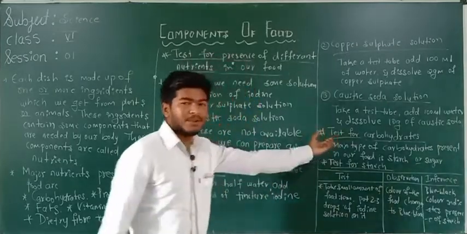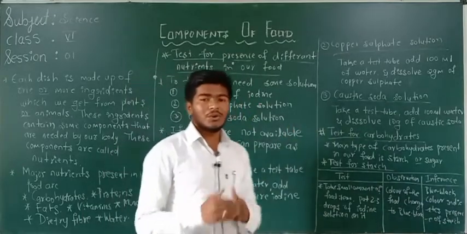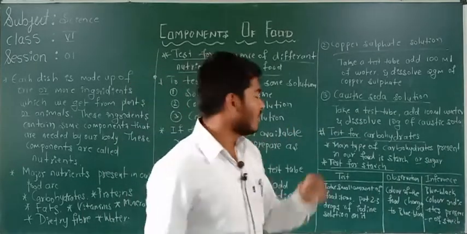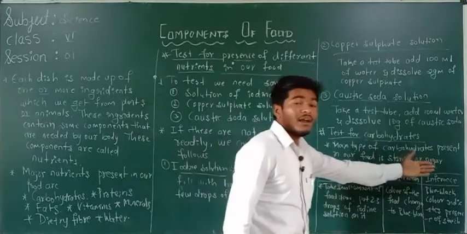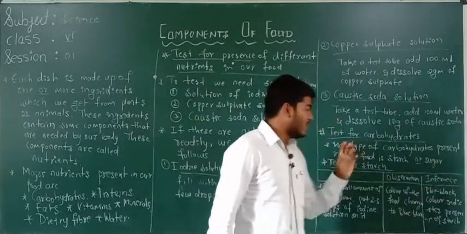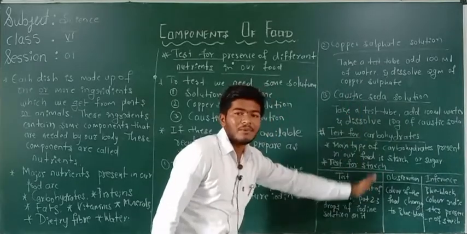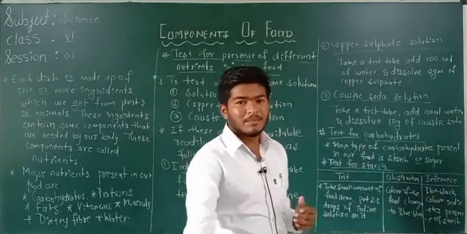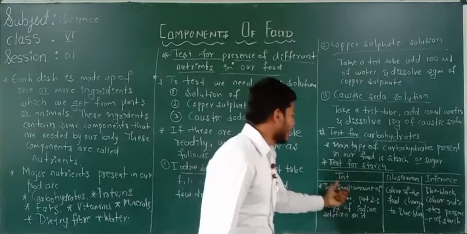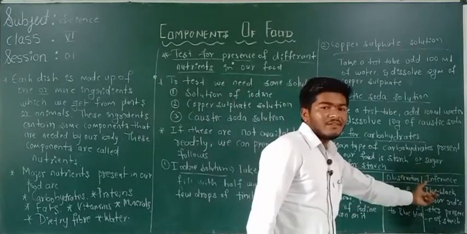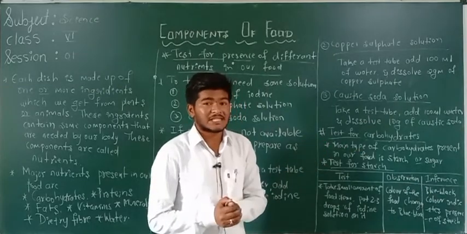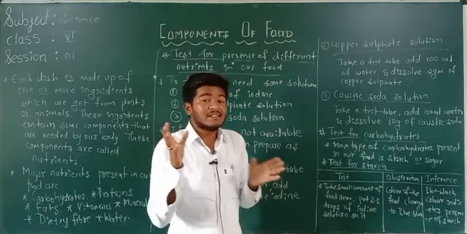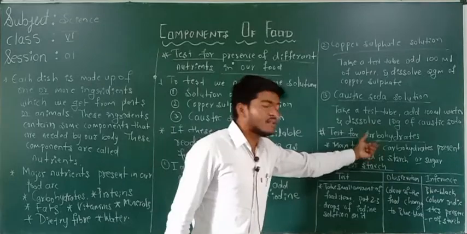When you are going to write any chemical experiment, you have to make three columns: test, observation and inference. Why? Because it is the proper way of writing a chemical experiment. Now we are going to make the experiment to find out whether our food contains carbohydrates or not.